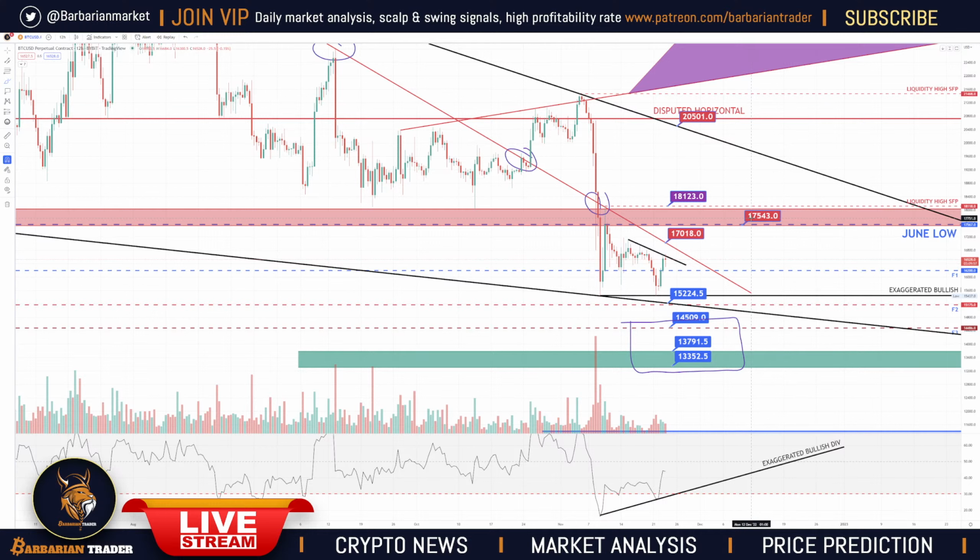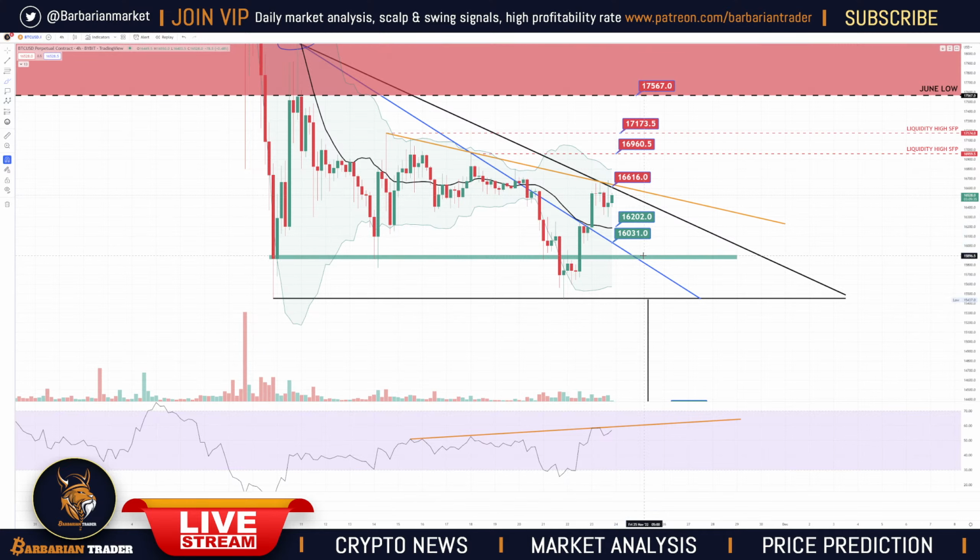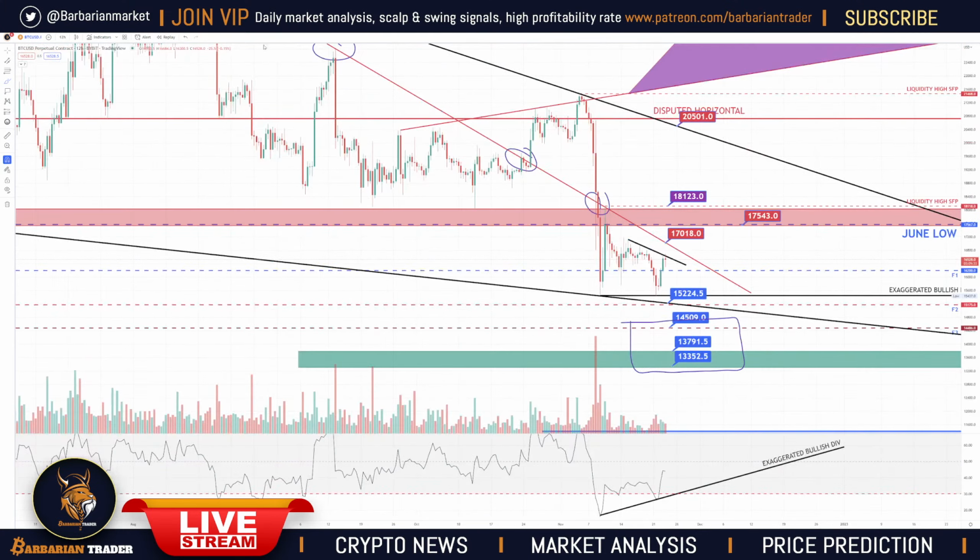Because on small time frames, because of that 4-hour bearish divergence, it is possible to see maybe a retest here, maybe just bleed down, who knows, just to make everybody crazy. The week is not closed yet, and Bitcoin can explode any second.